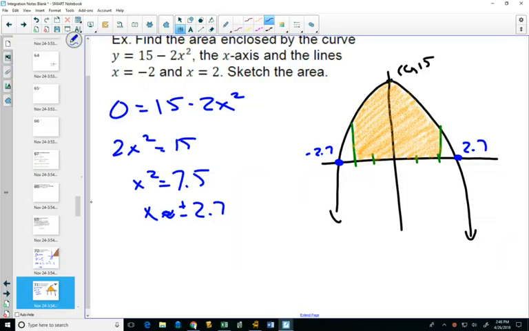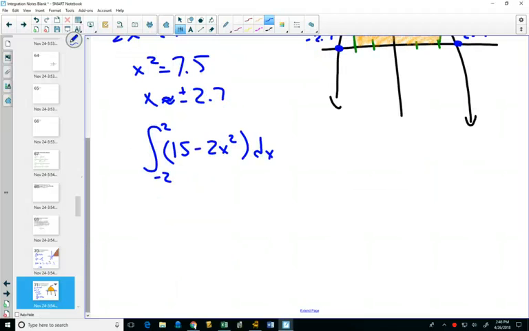Okay. So now if we want to integrate this 15 minus 2x squared dx between negative 2 and 2, we don't have to worry about any parts being negative. So we can just go straight to our square brackets, negative 2 and 2.